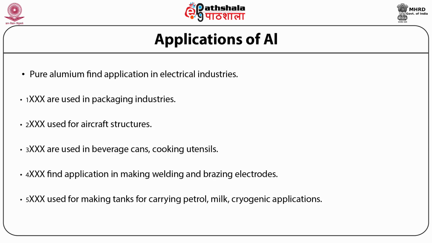2XXX series of alloys are extremely popular because of their high specific strength as a result of precipitation hardening ability. That is, 2219 T62 aluminium 6.3 copper can be produced as sheets, plates and forgings for structural applications.